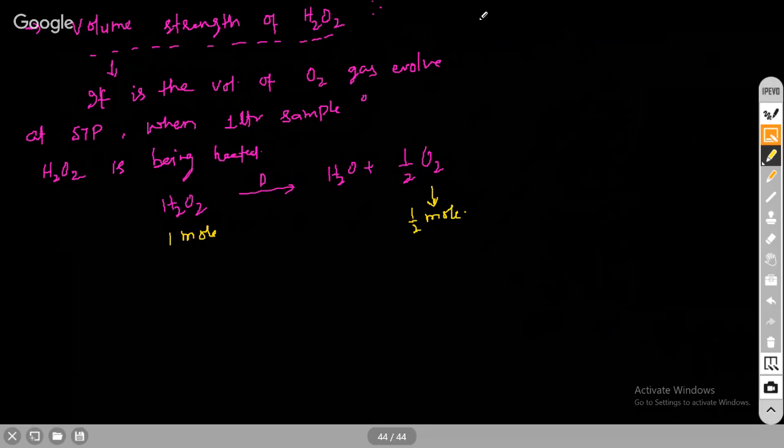And we know molarity is moles by volume. Because the volume is 1 when 1 liter of sample is heated, molarity is nothing but moles.